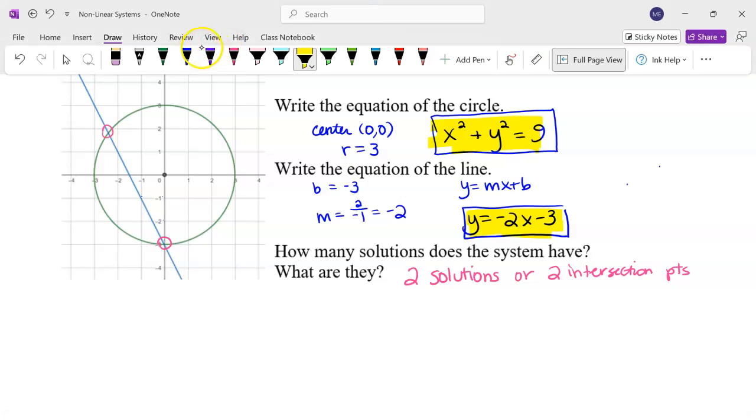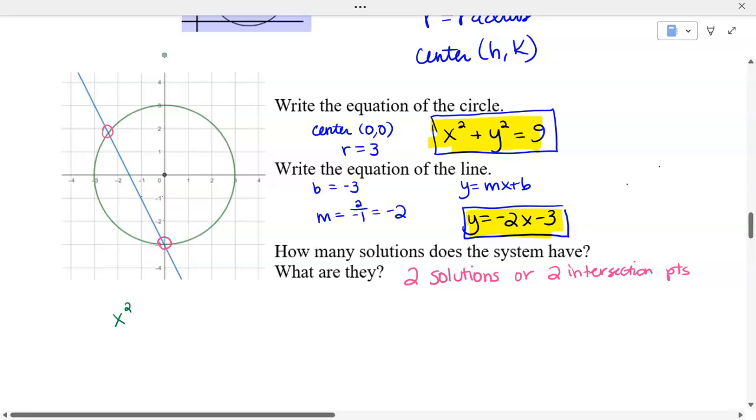So we can use substitution here to solve for our intersection points. I'm going to plug in negative 2x minus 3 for y in my circle equation. So I have x squared plus (negative 2x minus 3) squared equals 9.